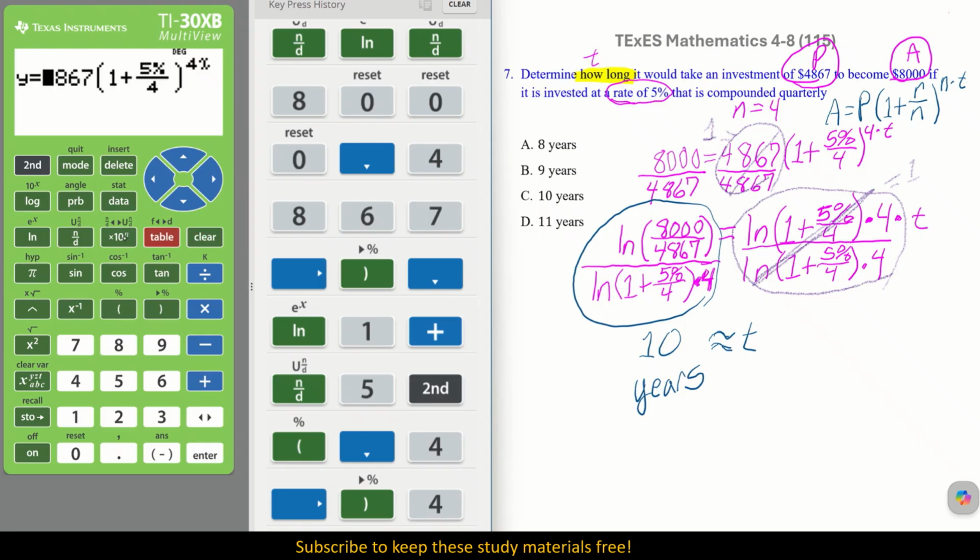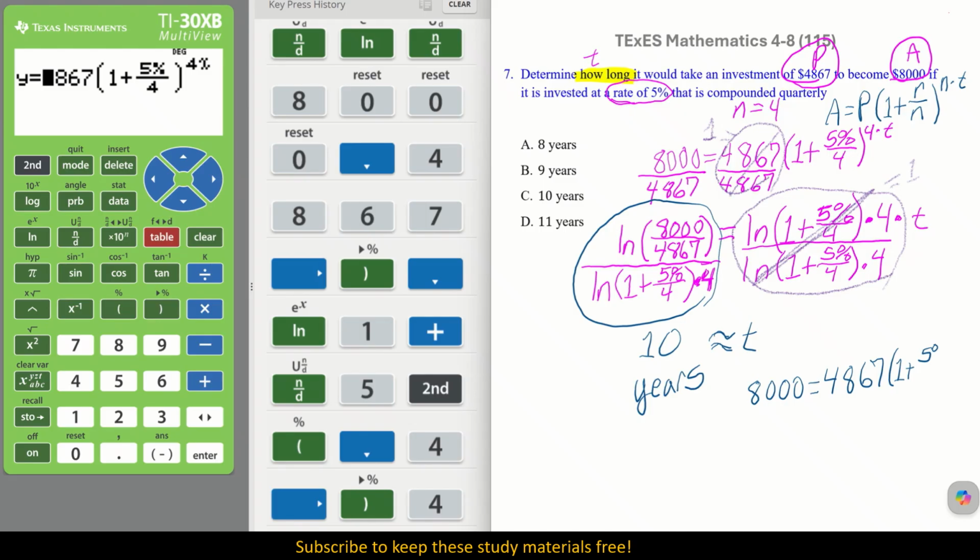Let's clear all that out. Push table. This is what I have put in. Remember where I started. I started with 8,000 equals 4867 parentheses 1 plus 5% over 4 for t.